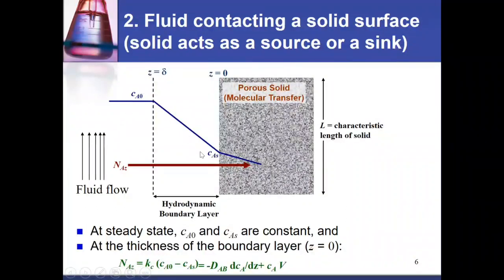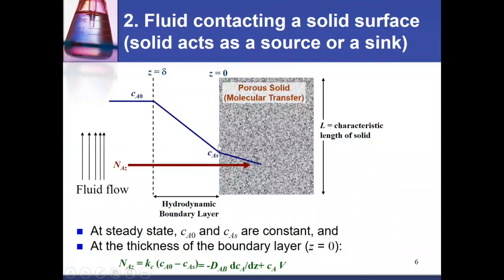This is the driving force for the convective transfer. And then you have molecular diffusion inside the solid, which you can write as minus DAB times dCA over dZ, where B is the solid material, the porous solid.